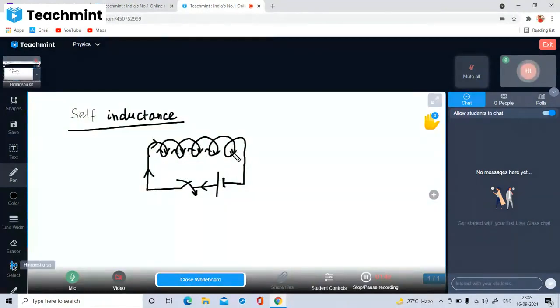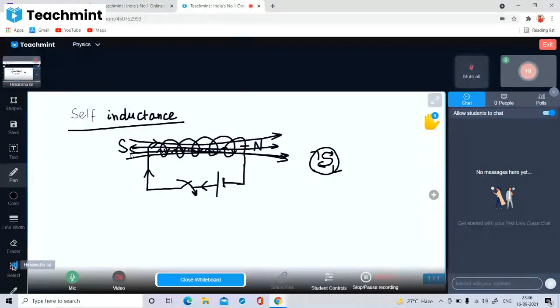So how does this loop behave? This loop is like this. What does it mean? That means here a south pole is creating and here is the north pole. So south to north there will be a magnetic field, right?